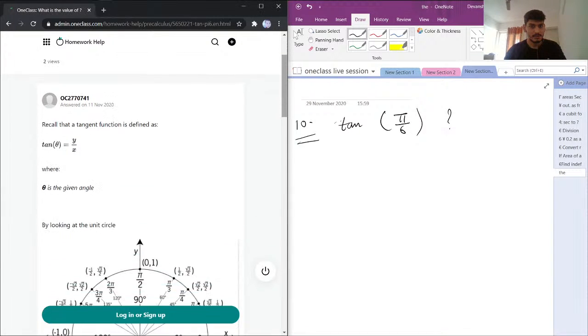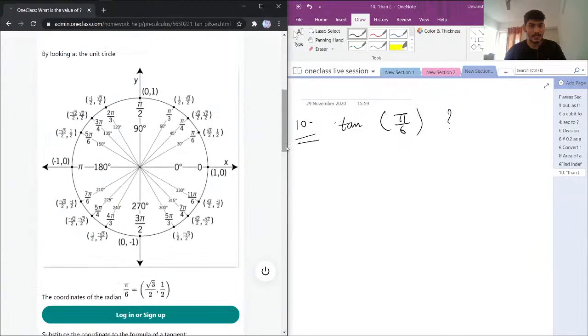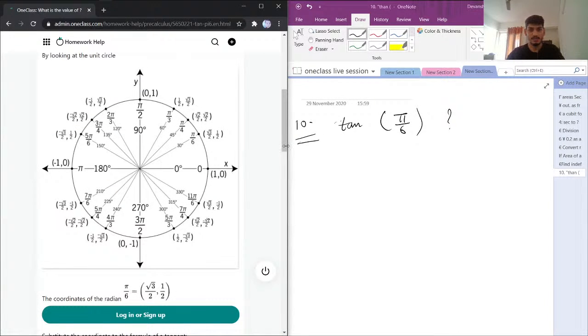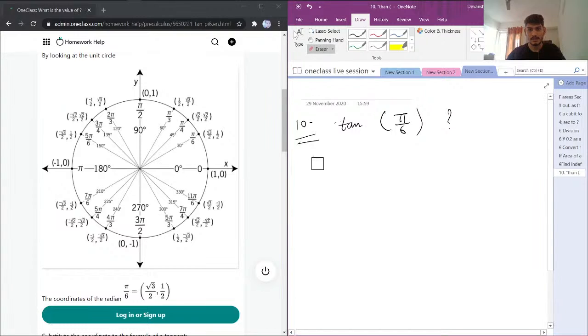So tangent of, again we are going to take the help from this unit circle. Tangent of any angle will be given by the actual formula for unit circle, it is y by x.